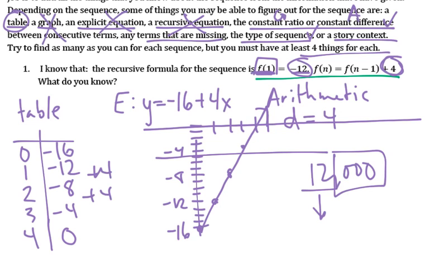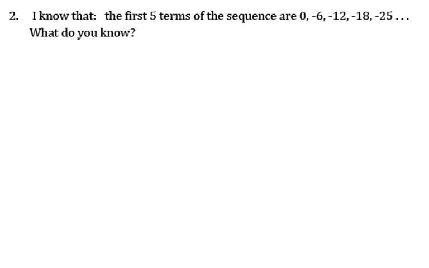Every day I try to sell $4 worth of food. So how long till it takes me to make up my pay? Okay, so that would get us the story context. It's pretty much everything we can do except any terms that are missing, but we don't really have any, so we're good.